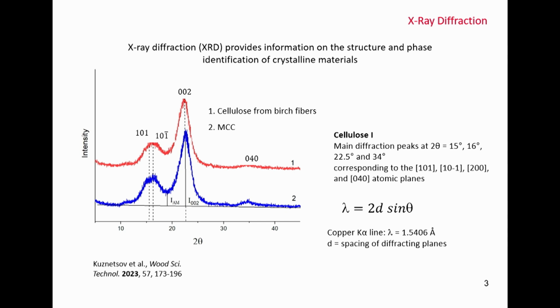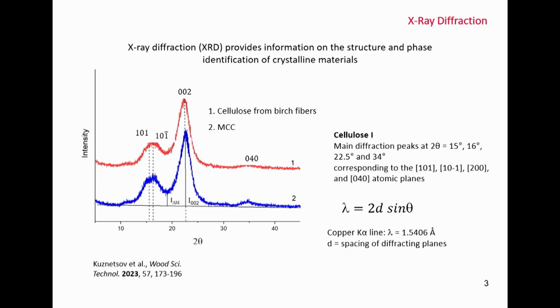So X-ray diffraction provides information on the structure and phase identification of crystalline material. You have here two X-ray diffraction patterns for cellulose, from birch fibers or microcrystalline cellulose.